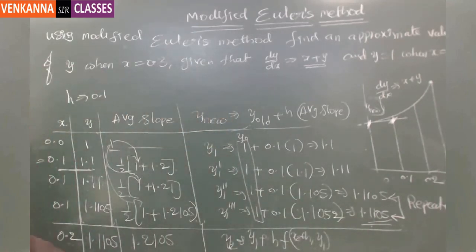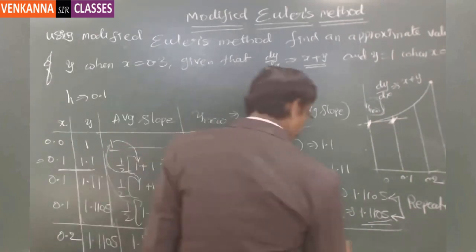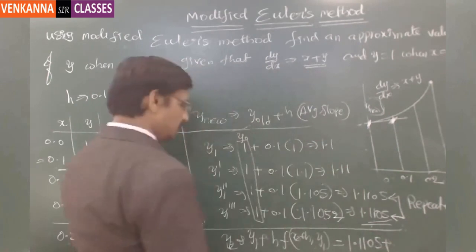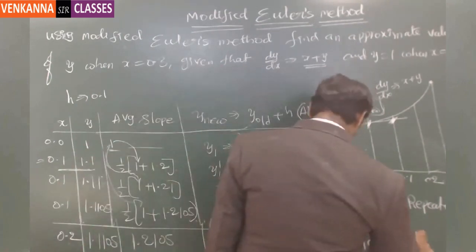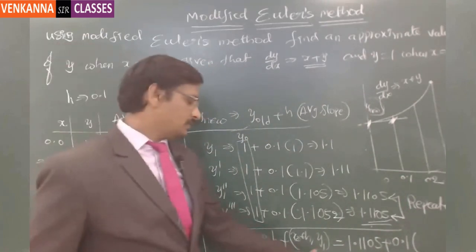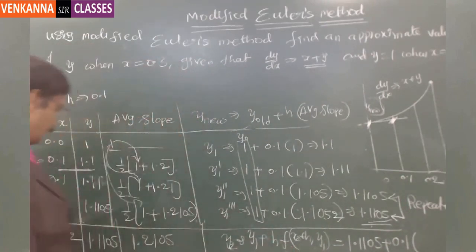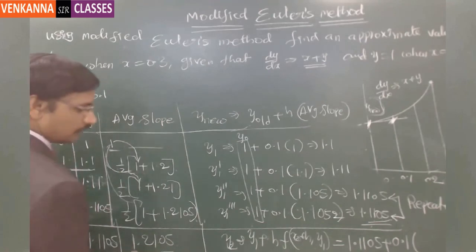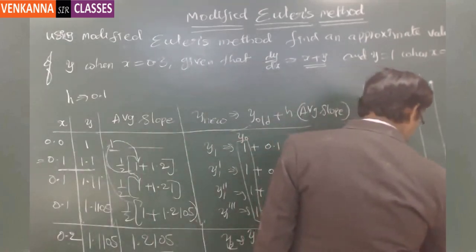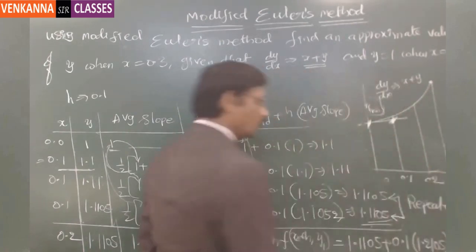So here y1 is 1.1105 plus h is 0.1, and then f of x naught plus h comma y1. So this value you can calculate as 1.2105. So this value is y2 for us.